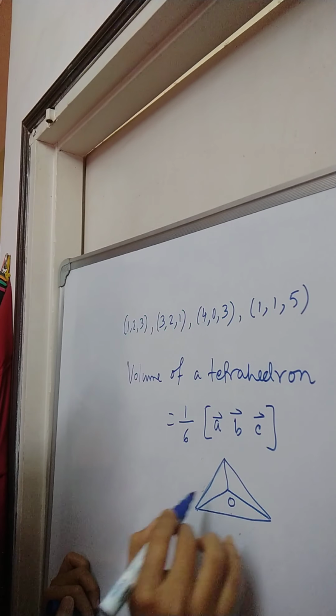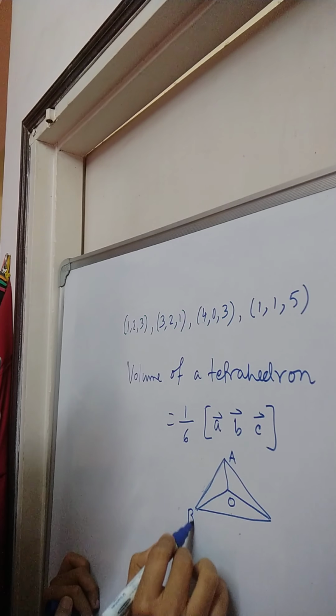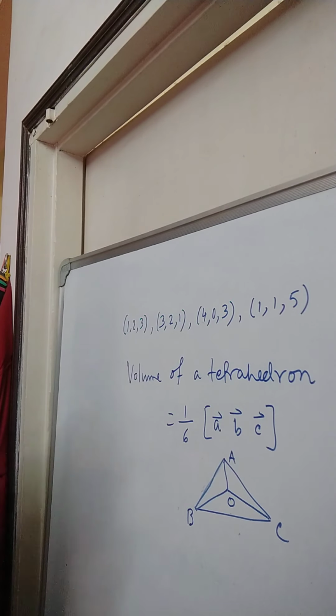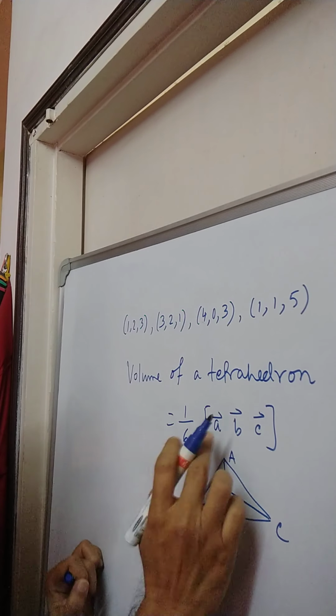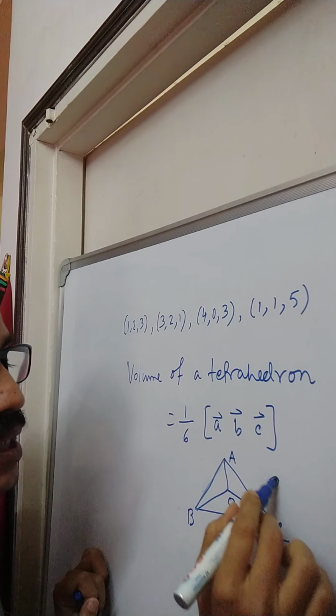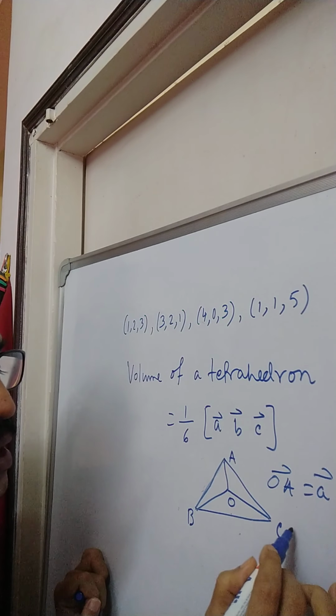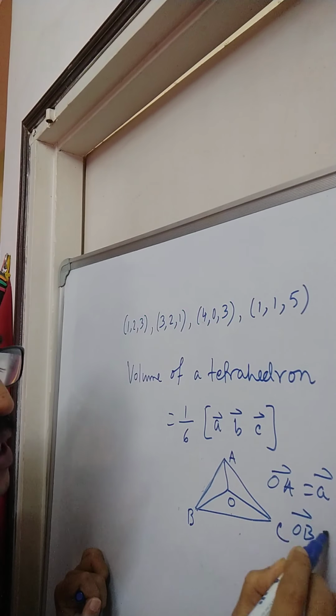Now, if we nomenclate like this, this is O, this is A, B and C. Then OA may be written as A, OB obviously B, and OC is C.